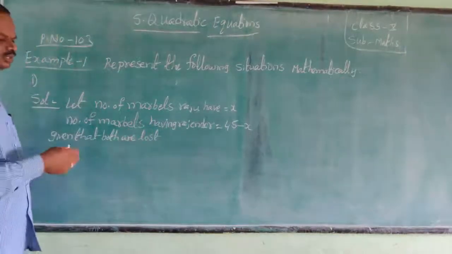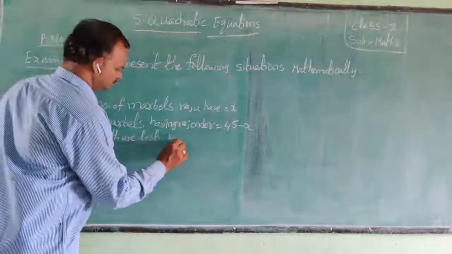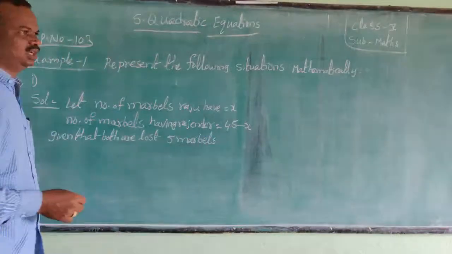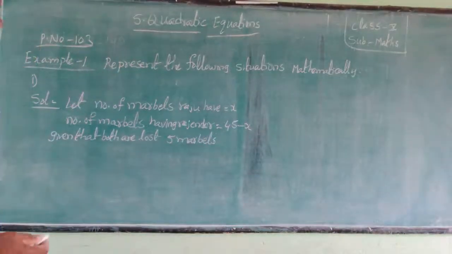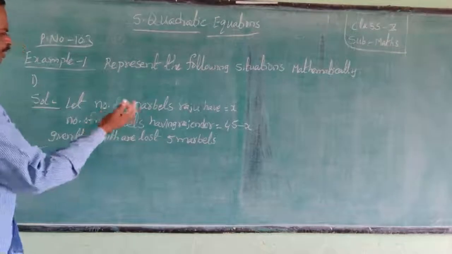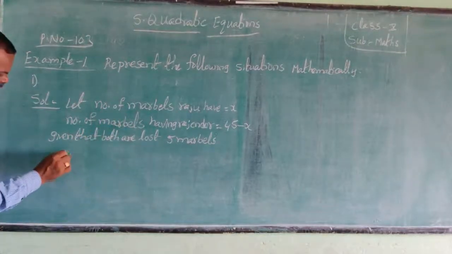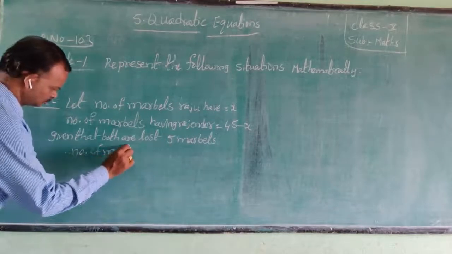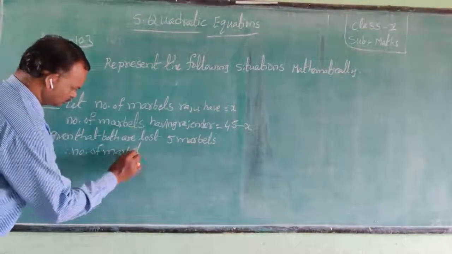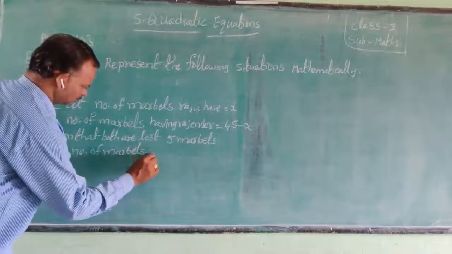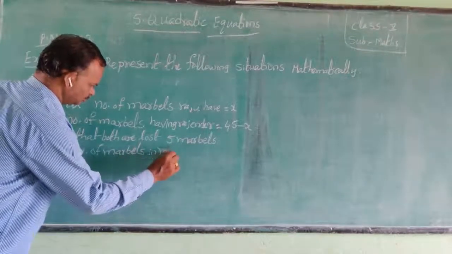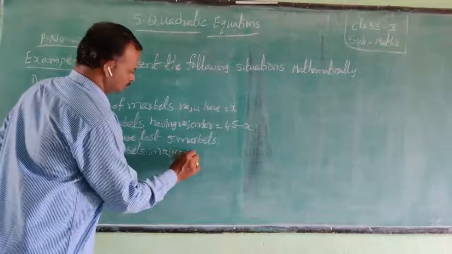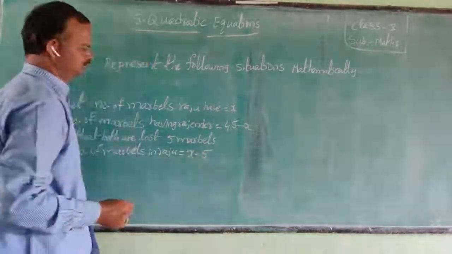Next, given that both lost 5 marbles, the number of marbles in Raju is equal to X minus 5.